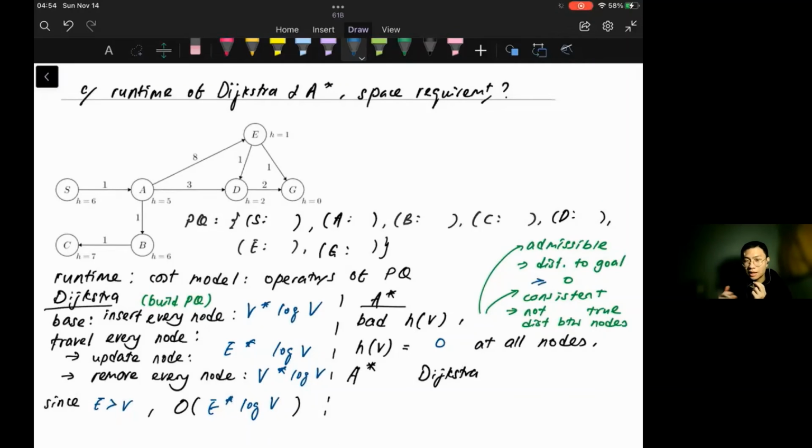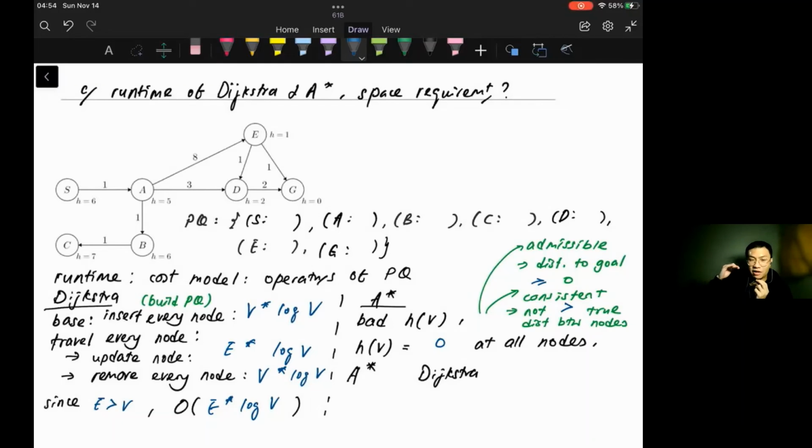And also it is consistent because by returning 0, the heuristic is not larger than the true distance between nodes. So this bad heuristic function is trivially admissible and consistent.